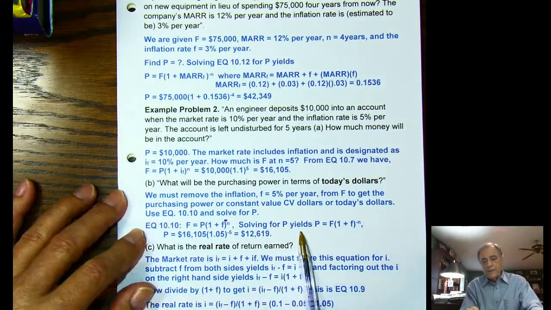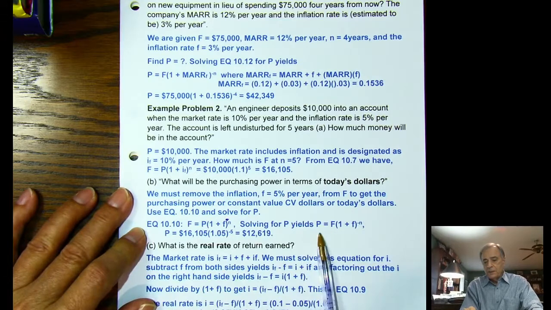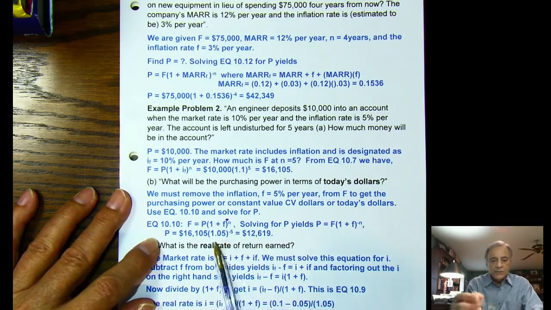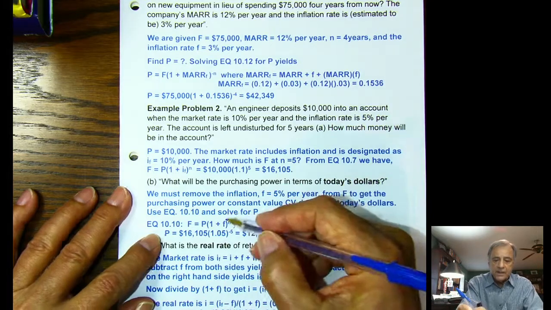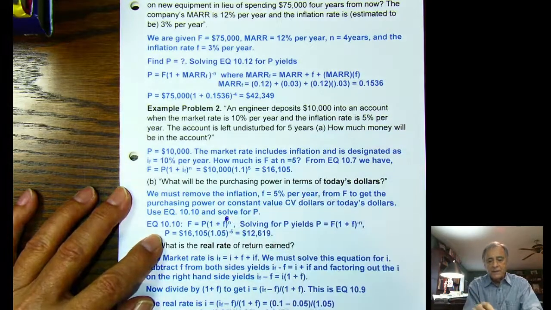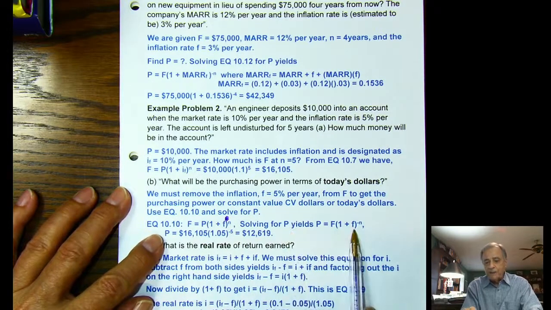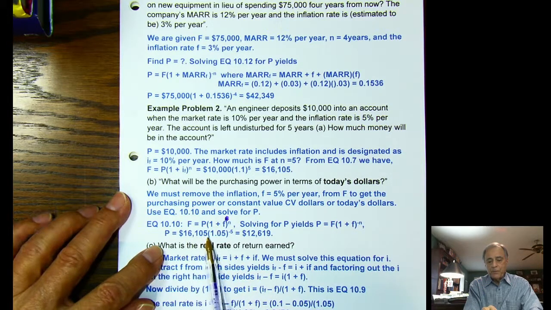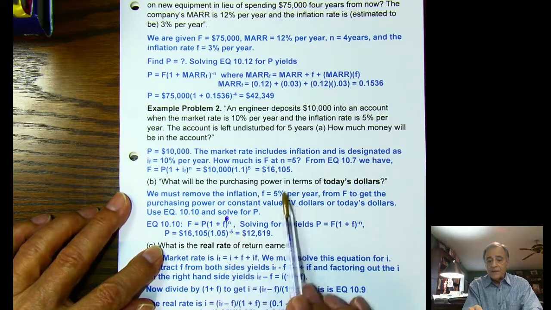Solving for P yields P equals, I'm sorry, this equation is going in the opposite direction. That is a plus N. Solve that equation for P, and you get F times 1 plus f to the minus N. That's f is 5%, and N is 5 years as well.